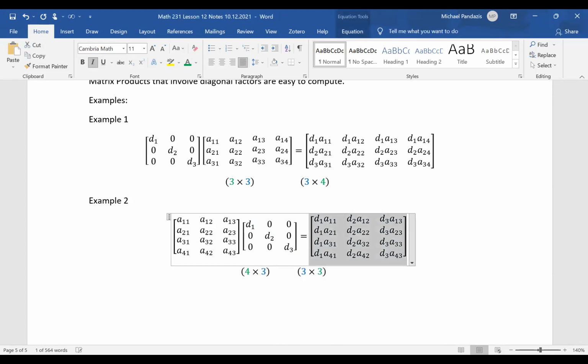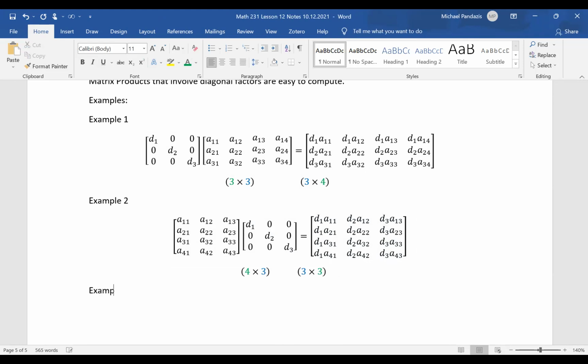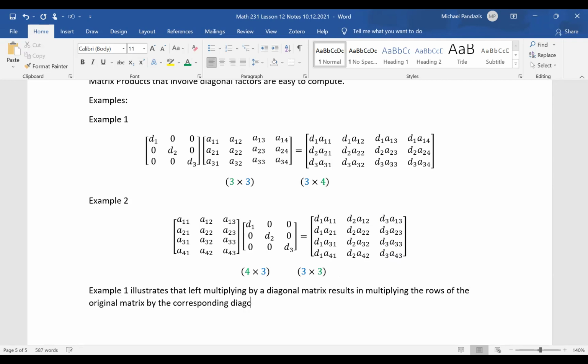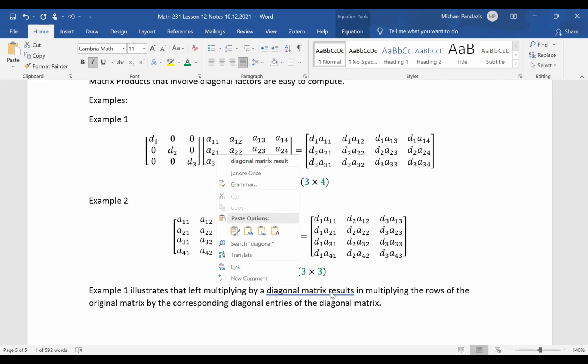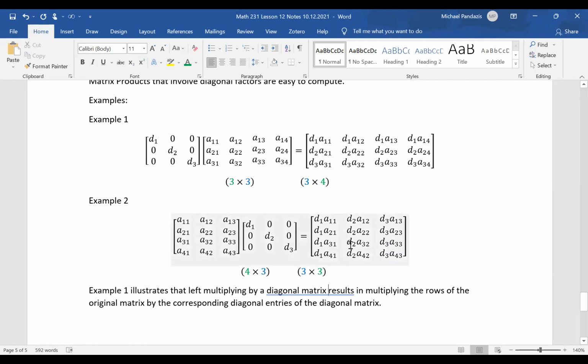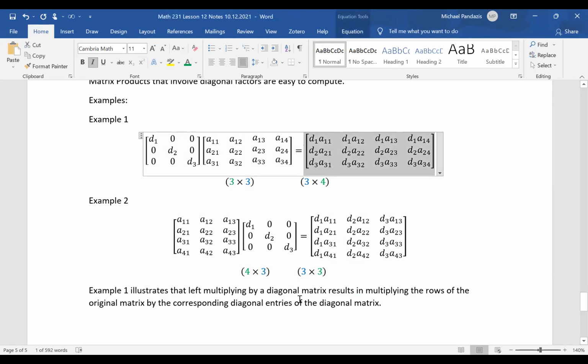Okay, so example 1 illustrates that left multiplying by a diagonal matrix results in multiplying the rows of the original matrix by the corresponding diagonal entries of the diagonal matrix.